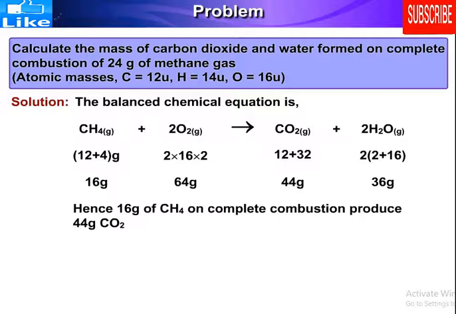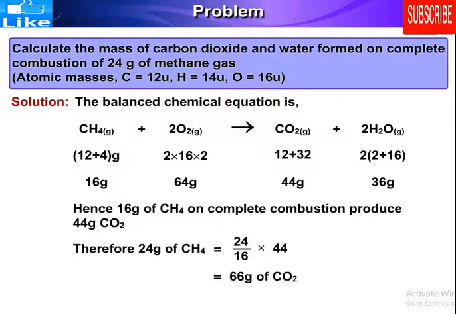Hence, 16 grams of CH4 on complete combustion produce 44 grams of CO2. Therefore, 24 grams of CH4 is equal to 24 upon 16 multiplied by 44, which is equal to 66 grams of CO2.